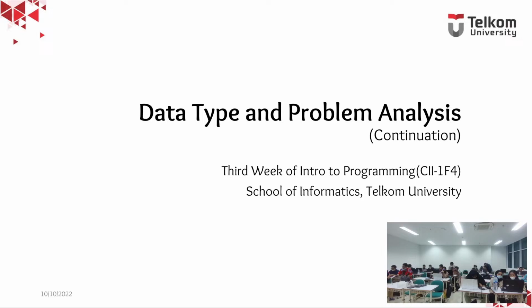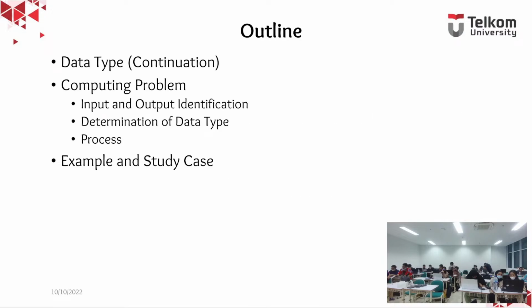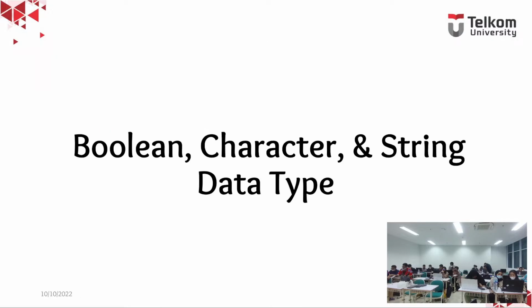With the weekly topics, actually this is still with the types and then how we design the algorithm for particular problems. Okay, next, about data types. We already studied integer and also real, and now we will look at Boolean, character, and string.